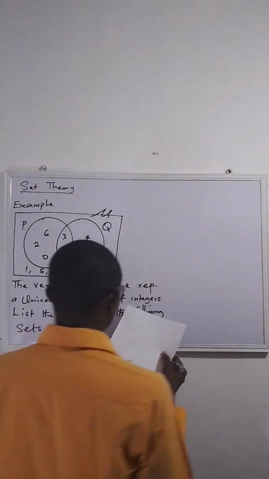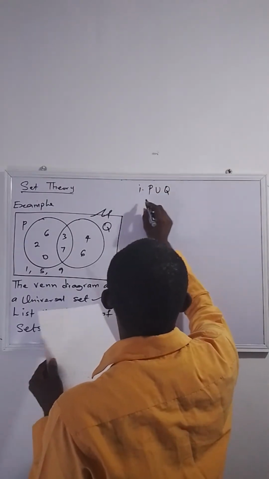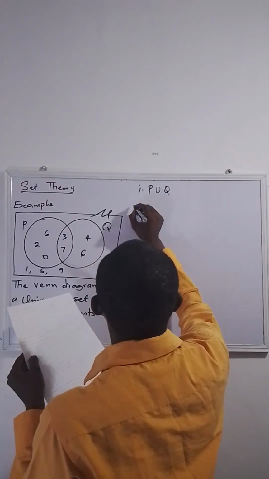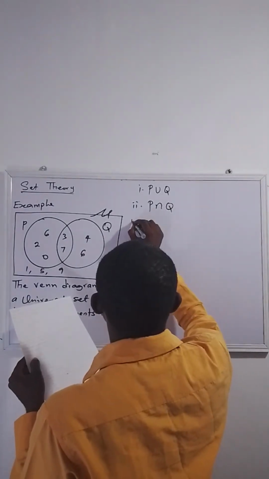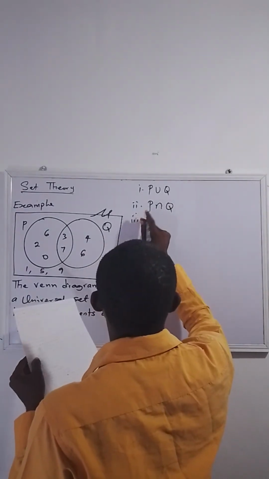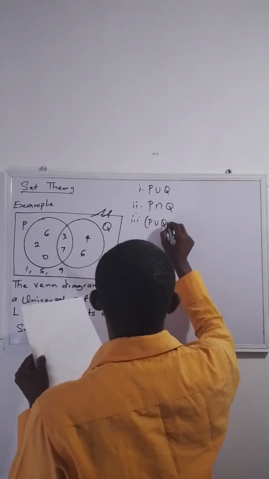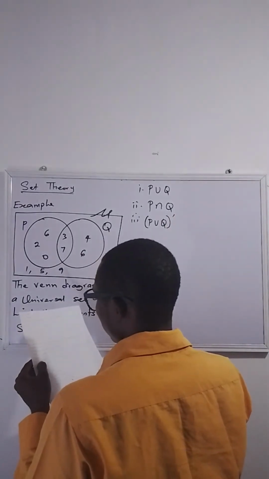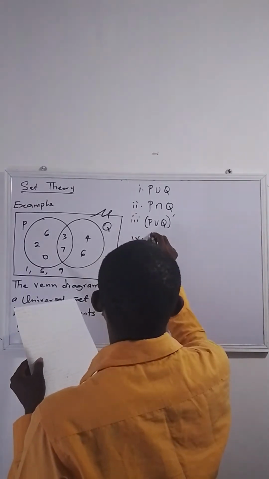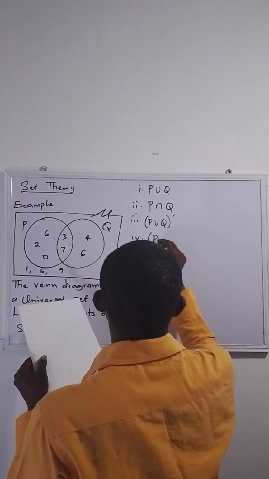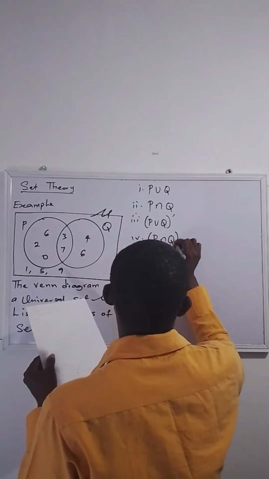The first one, we have P union Q. The second one, P intersection Q. The third one, P union Q complement. And the last one here, we have P intersection Q complement.